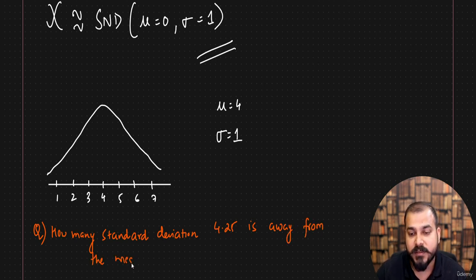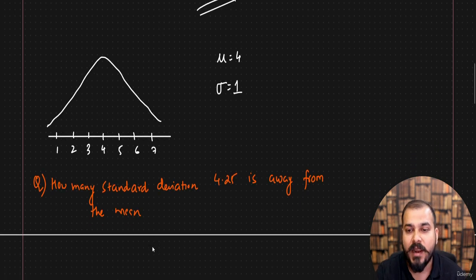If this is the specific question that I get, where does 4.25 fall? If this is my mean and this is 5, 4.25 will fall somewhere here, right? So how do I find out how many standard deviations 4.25 is away from the mean, that is 4?